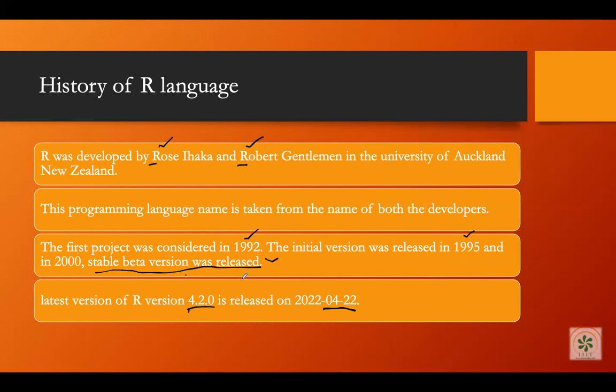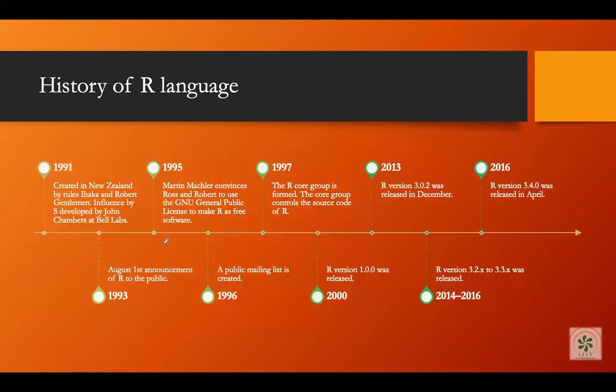Now, let's go into the history based on their work. In 1991, R was created in New Zealand by Ihaka and Gentleman. It was influenced by the S language, developed by John Chambers at Bell Labs.